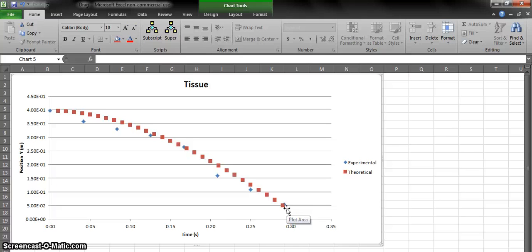So because it took longer to hit the ground, the tissue must have been moving at a slower velocity and must have had a greater force of drag, which we confirmed through our model because it did in fact have a greater force of drag compared to the poker chip, which had virtually little to no force of drag on it in the experiment when comparing the experimental data to the theoretical data.